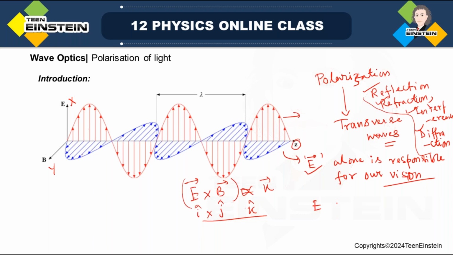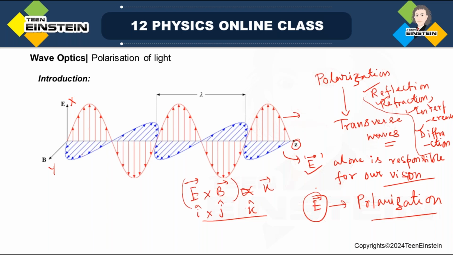Since vision is possible only due to the electric field vector, when I talk about polarization, I will be talking about only the electric field vector, because it is responsible for our vision.